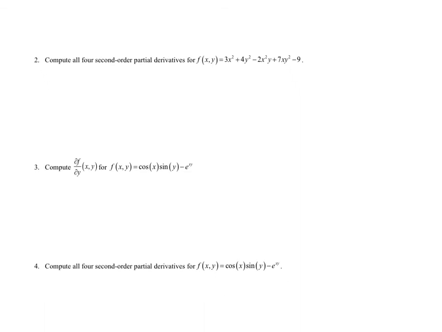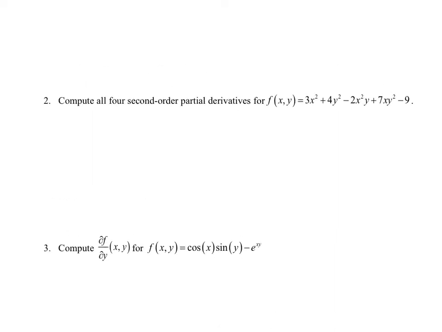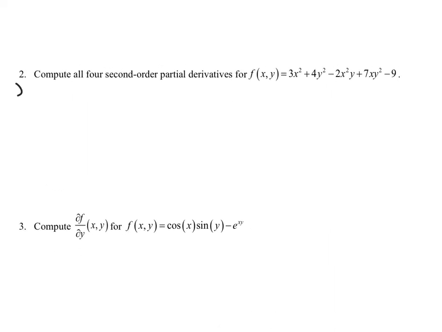All right. So what I'm going to do is snag my previous answer. The partial with respect to x was 6x minus, what was it, 4xy plus 7y squared.